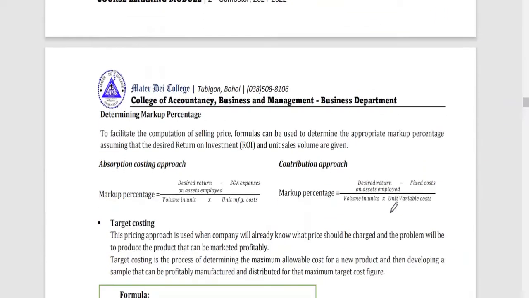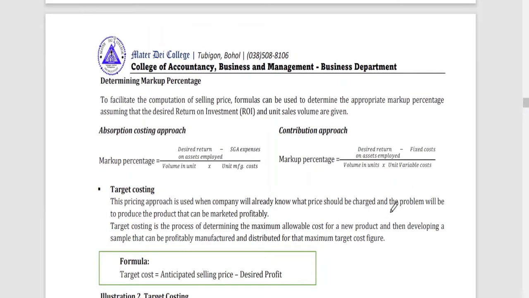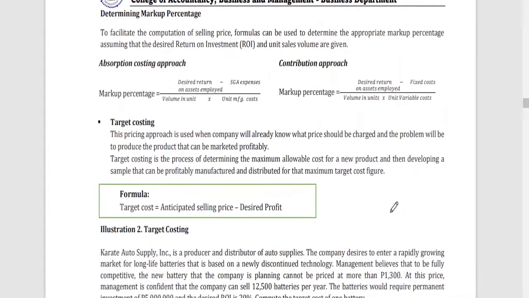Now, how do we determine the markup percentage? Okay, to facilitate the computation of selling price, you can use the formulas to determine what will be the appropriate markup percentage. So you don't just set 5%, 20%, 15% without taking into consideration some factors as determinants.